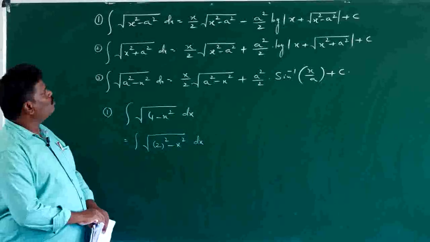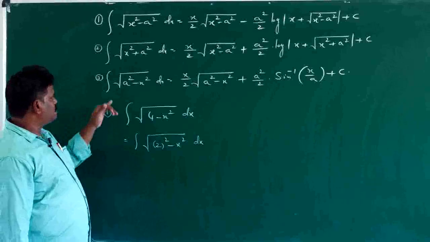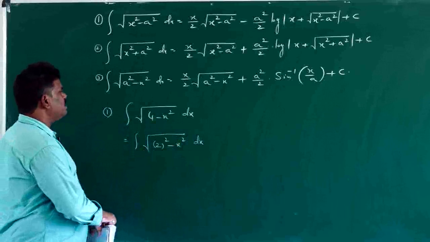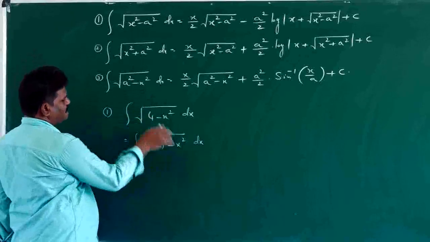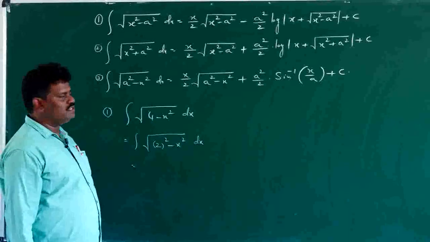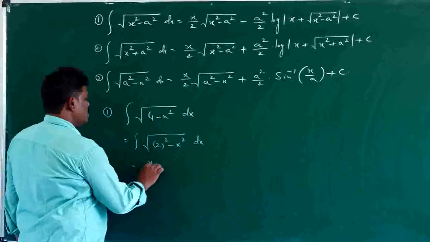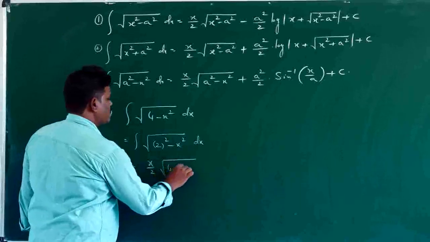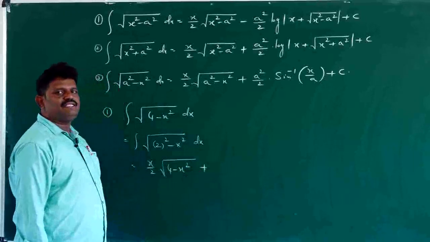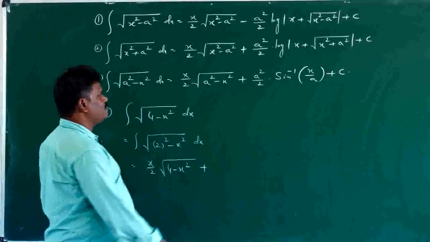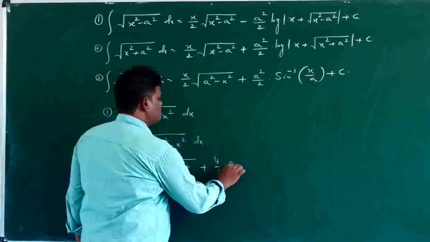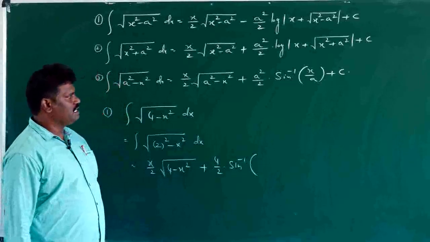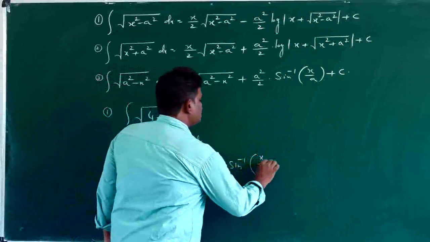Now we compare with the above 3 results. Which formula are we comparing here? Here the third one: integral square root of a square minus x square dx is equal to, then what we have done, x is equal to x only, a is equal to 2. Now if you substitute the values here, x by 2 square root of 4 minus x square plus a square by 2, a is equal to 2, 2 square means 4, so 4 by 2 into sine inverse of x by a, equal to 2, plus c.